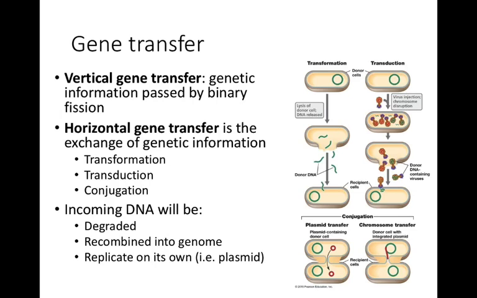This is a question for somebody to respond to. Mutations? It could be mutations. Mutations could contribute to vertical gene transfer. And in general, vertical gene transfer is just transfer of genetic information from one generation to the next. So a mother cell undergoes replication, divides to two daughter cells by binary fission. That's vertical gene transfer. Okay?